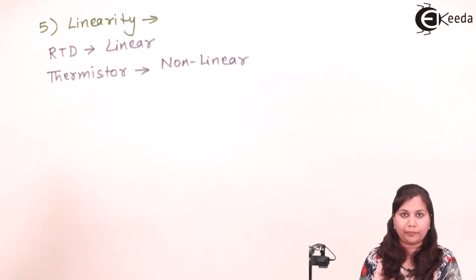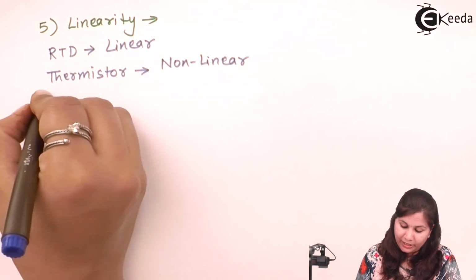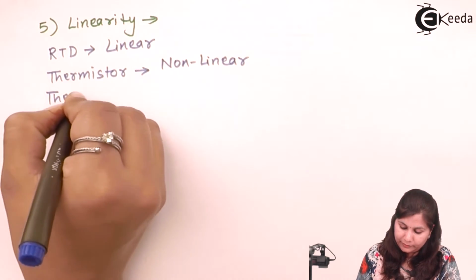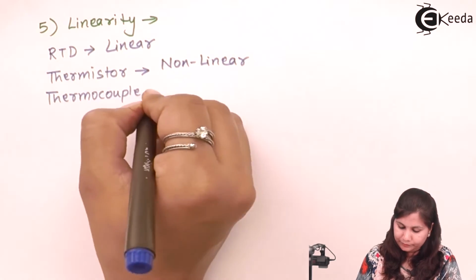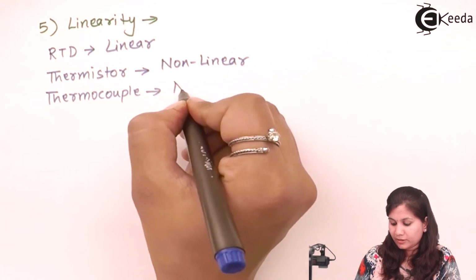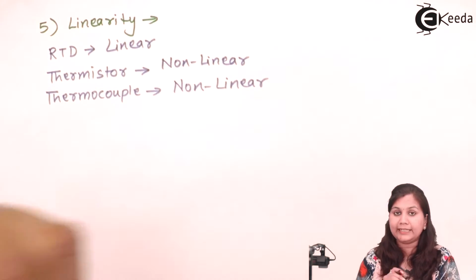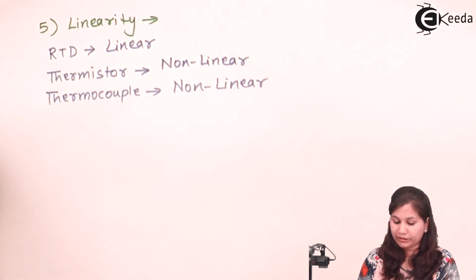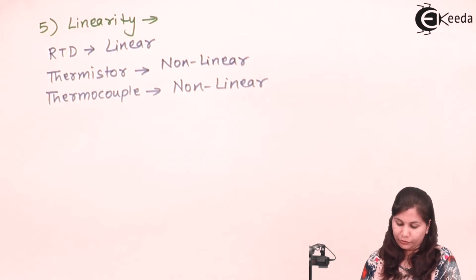We can do linear approximation also for these non-linear characteristics. Thermocouples give us the worst non-linear characteristics, meaning a highly non-linear relationship is there between the temperature and the output voltage.